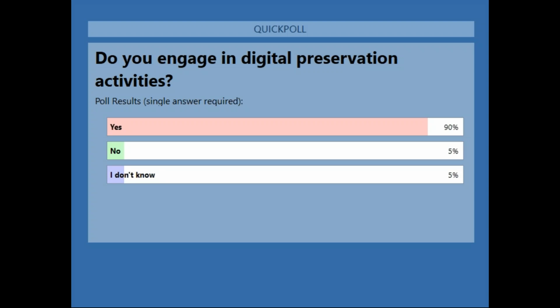I was interested to see the results of this particular poll, because I know that digital preservation has multiple types of meanings to different people in different contexts, and sometimes people's strict interpretation of what digital preservation is might interfere, let's say, with acknowledging that they're actually doing something in that realm, or actually doing something that is positive with respect to digital preservation. So I am happy to see that 90% can say that they're engaged in these types of activities.